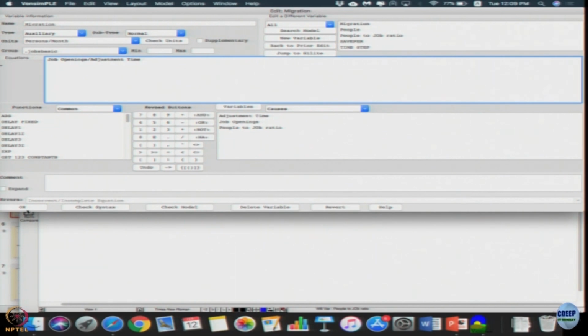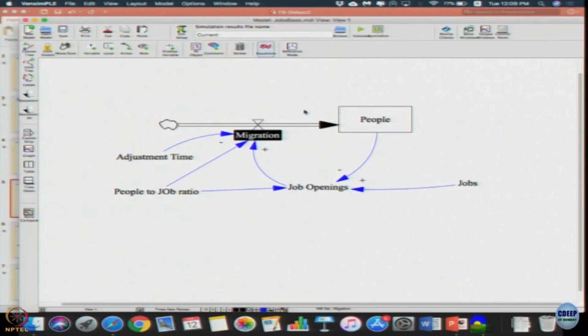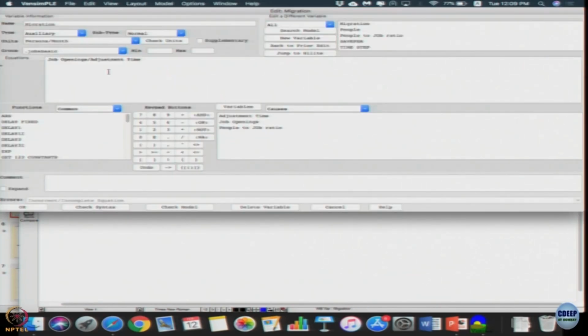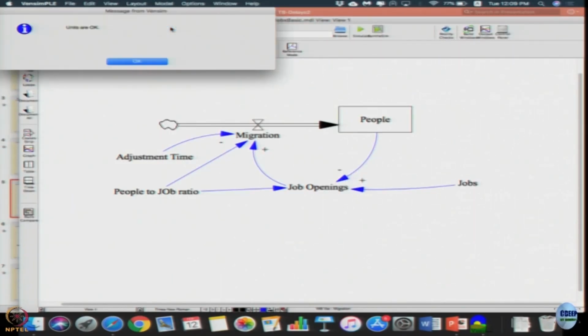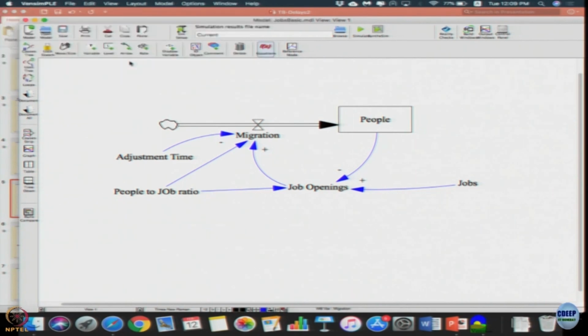Oh, it went to the next equation, okay. Just close it. Fine. And then I go to the next equation, migration. So, migration I just need to multiply by the jobs to people ratio, because job openings are in jobs. So, when I multiply it, it will come back into people. Okay, let us do model units check, all units are okay. So, I just made it dimensionally consistent.